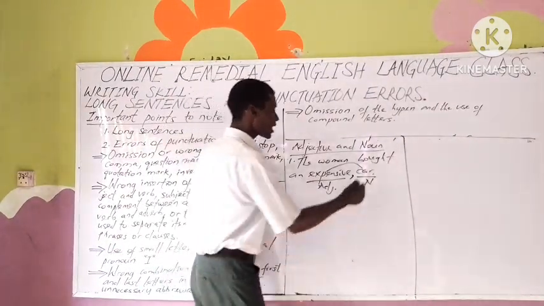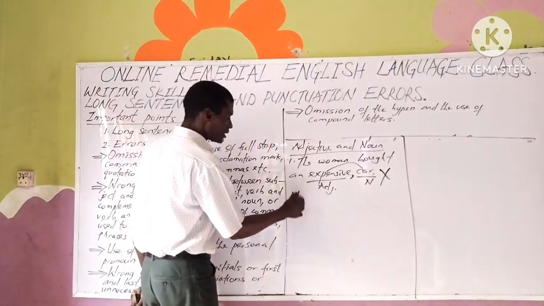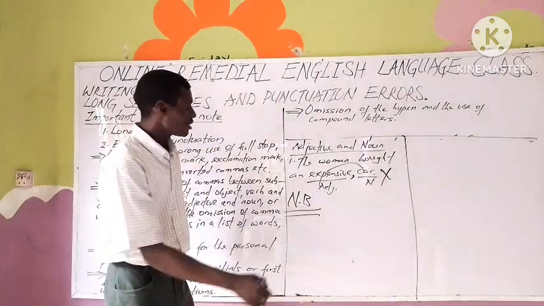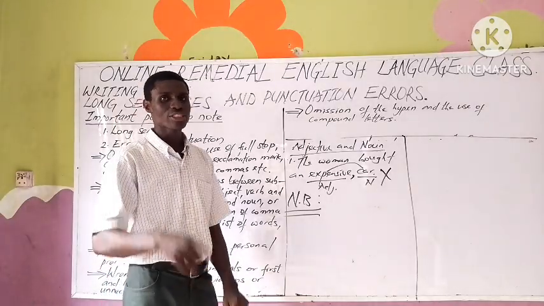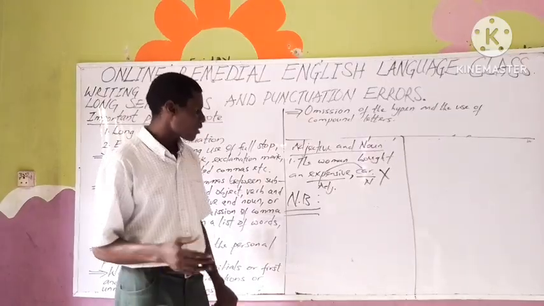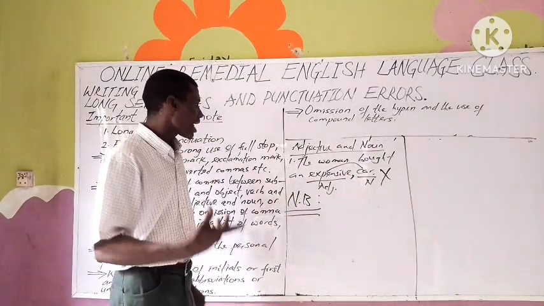It does not work like that. Alright, we need to note that it's possible to have two or more adjectives qualifying a single noun. A single noun, okay. Then putting a comma is allowed.